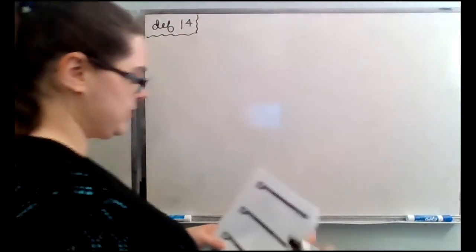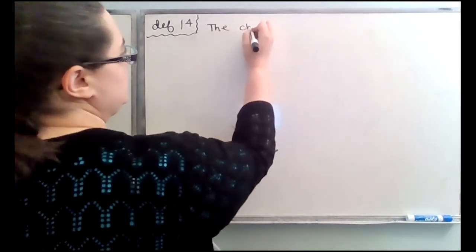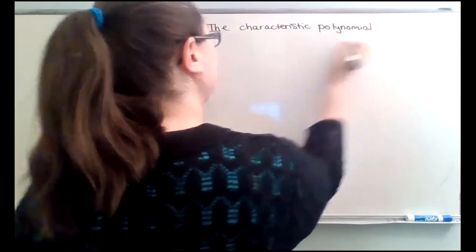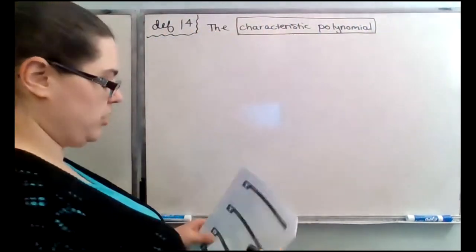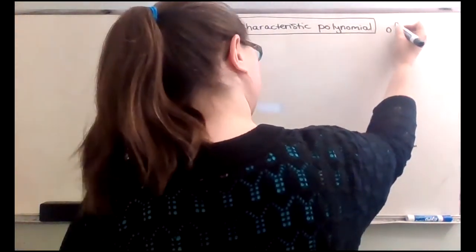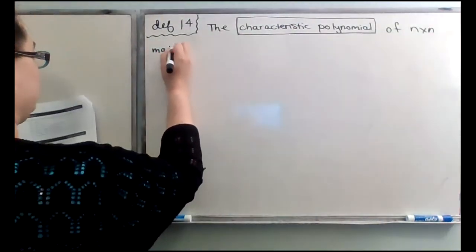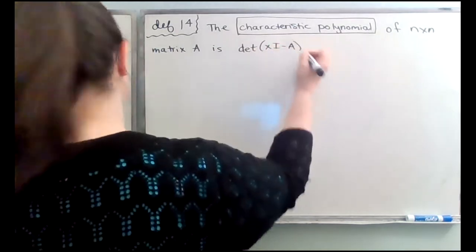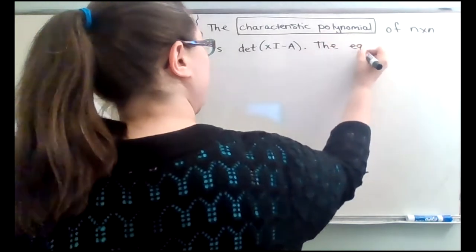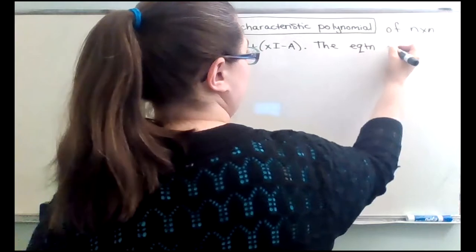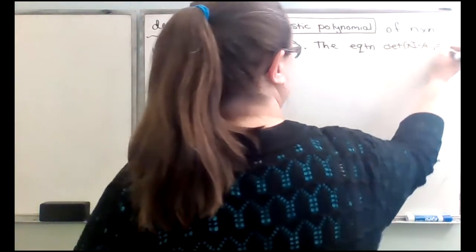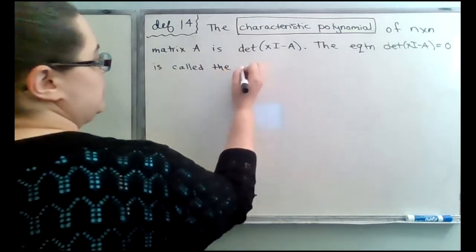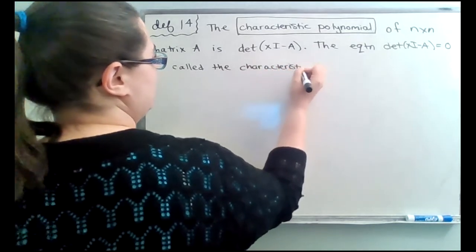Definition 14 states the characteristic polynomial, that's a long phrase for today, of an n by n matrix A is the determinant of xI minus A. The equation where you have the characteristic polynomial equal to 0 is called the characteristic equation.